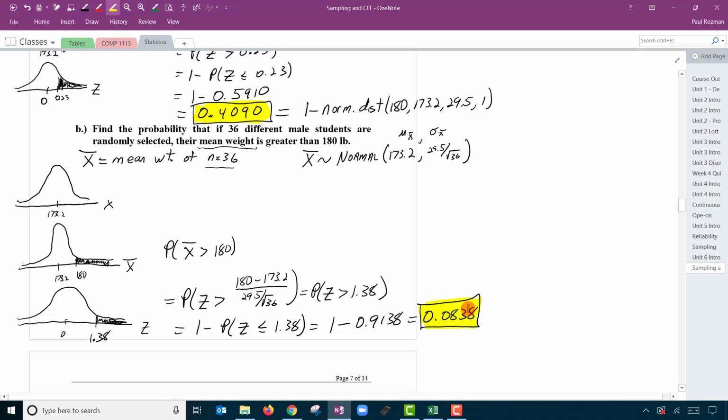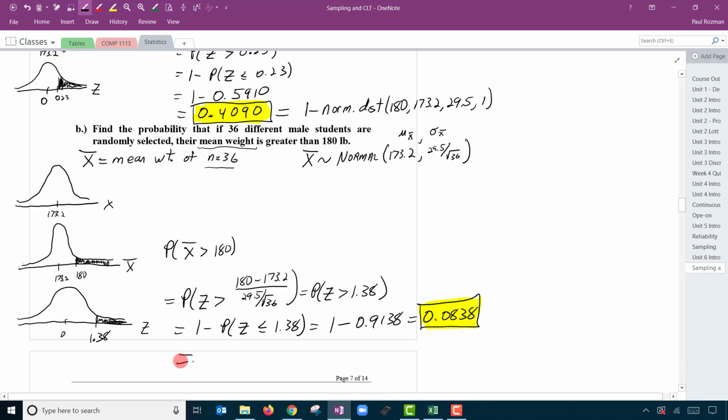The results tend to be closer to the mean as n gets higher. So if I had studied 200 students, this would be even lower. If you put 200 in for the square root here, it would make the Z score larger. And if you make the Z score larger, you end up with less area left in that upper tail.